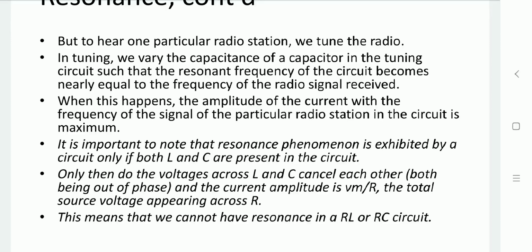So to get that variation, generally we change the capacitance value. So the amplitude of the current at that particular frequency, of a signal we can receive from the radio station, is at the maximum value. So the resonance phenomenon is exhibited by both components L and C compulsorily.